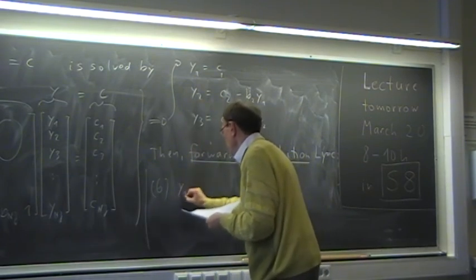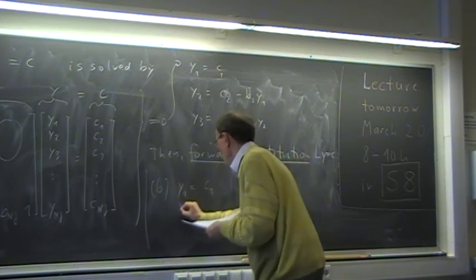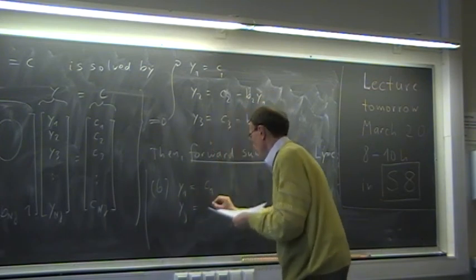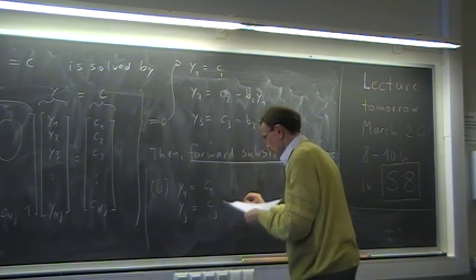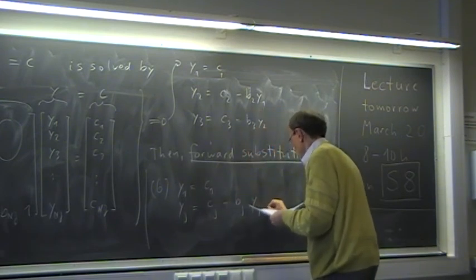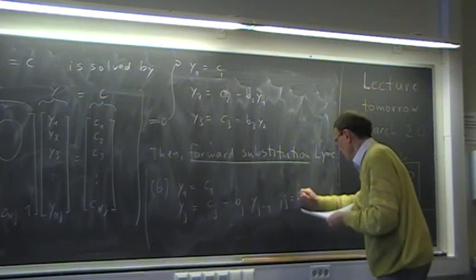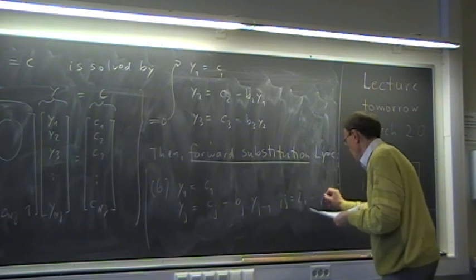We have then the y1 is equal to the c1, and the yj is equal to the cj minus bj times yj minus 1. That is j from 2 to nj.